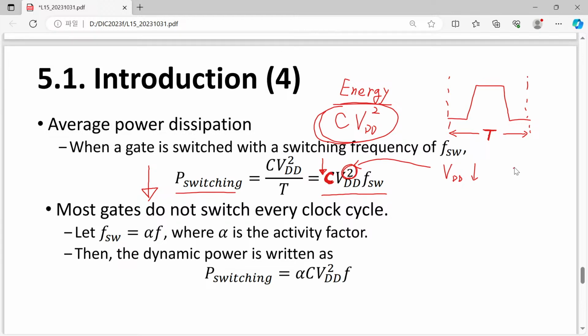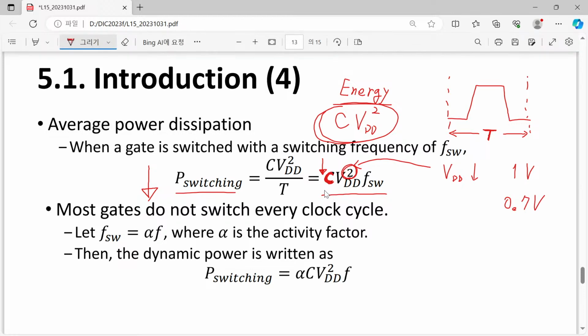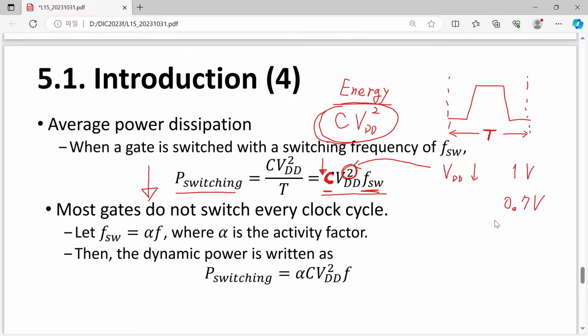So, for example, if you reduce your VDD from 1 volt to 0.7 volt, and let's say everything is the same, like capacitance is the same and the operational frequency is the same, then what will happen to your switching power? Since we must calculate the square of it, it will give us 1 and just 0.49, about 0.5.